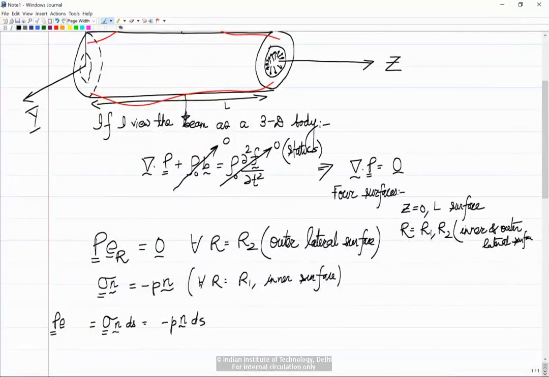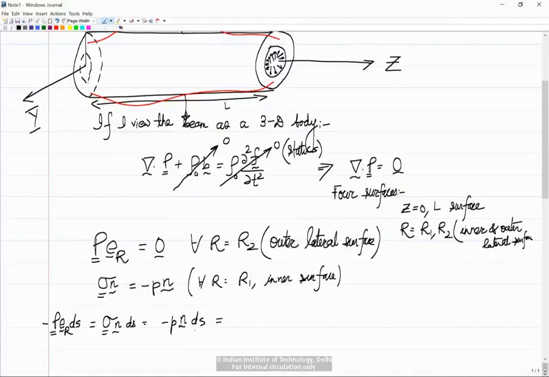That's radial again, but the outward normal is pointing in the minus ER direction. Can you see this? The undeformed outward normal for the inner surface is pointing towards the axis of the cylinder, whereas the radial vectors are always pointing away from the axis of the cylinder. Therefore, I get a minus sign here. So minus P E big R D big S.